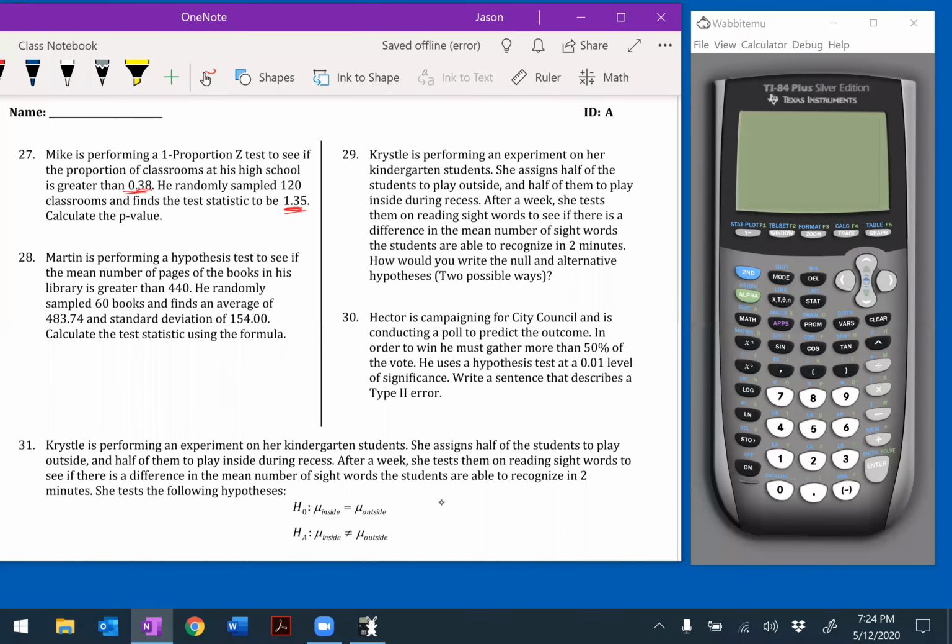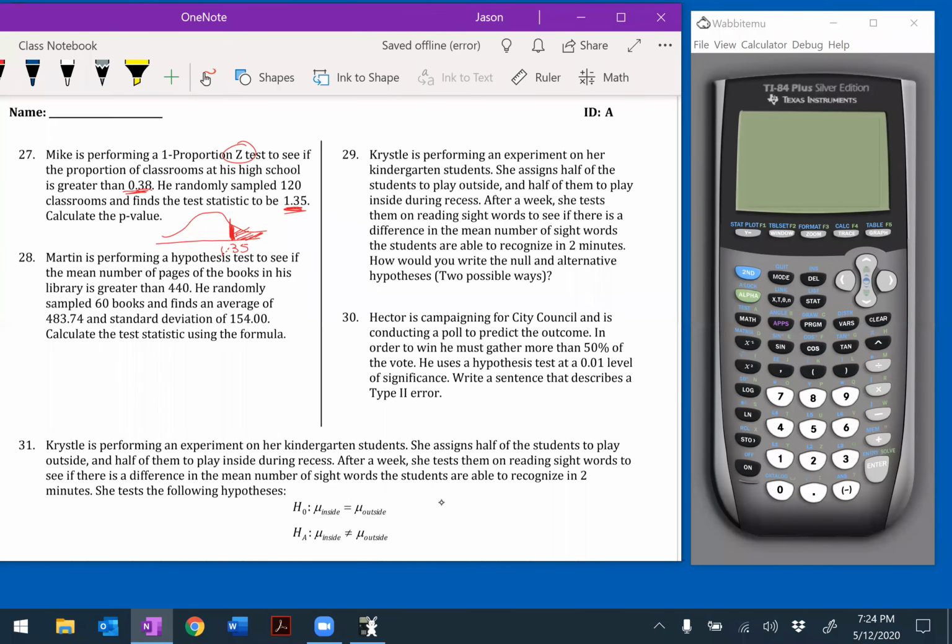So it's a proportion, it's a z-test. So we know that we have a z-value of 1.35, and I'd like to know what the p-value is.